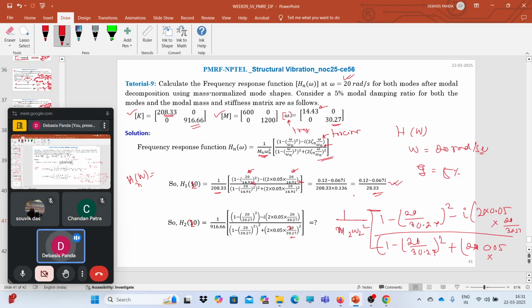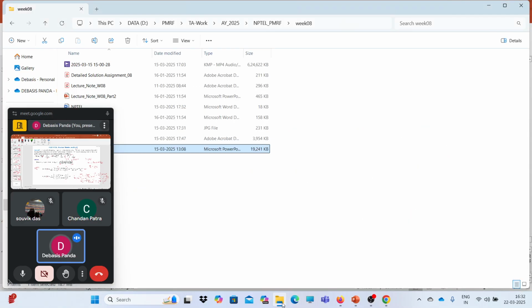So let's quickly go to the MATLAB and let's solve one MDOF system, let's say using the time domain first, and if we have time, then we will solve it in the frequency domain also. So let me quickly share the MATLAB screen.